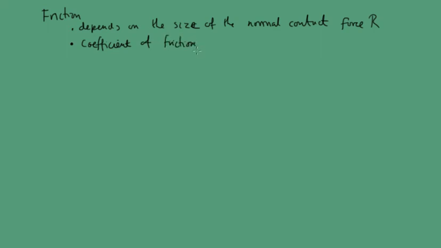Now, you may think that the friction will depend on the size of the surface area in contact with each other. For example, you might think if you had a very large piece of wood, that would have experienced greater friction than, say, a book of the same weight. However, that's not the case.